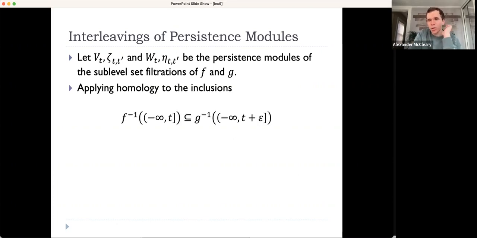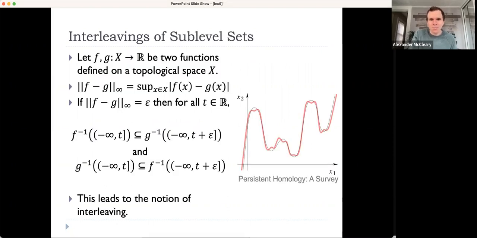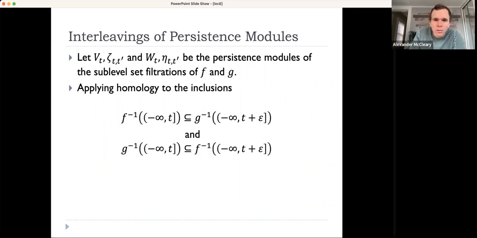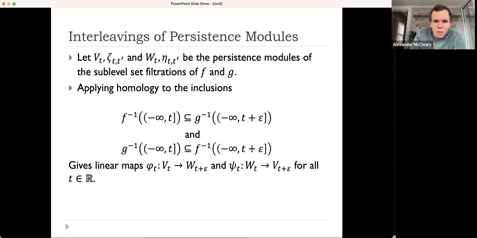But we don't just have inclusions between the f's. We knew that if t was less than or equal to t prime, then f inverse of the interval from minus infinity to t would be contained inside f inverse of the interval from minus infinity to t prime. But because of what we said on the last slide, we have these inclusions as well. And so we can apply homology to these inclusions.